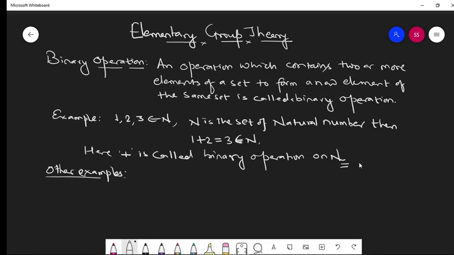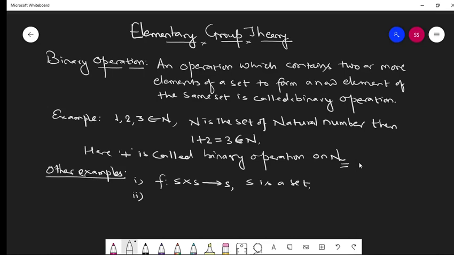Let me show you examples. If f maps S times S to S, where S is a set, the product of any two elements of the same set is in S. In that case, such an operation will be a binary operation.